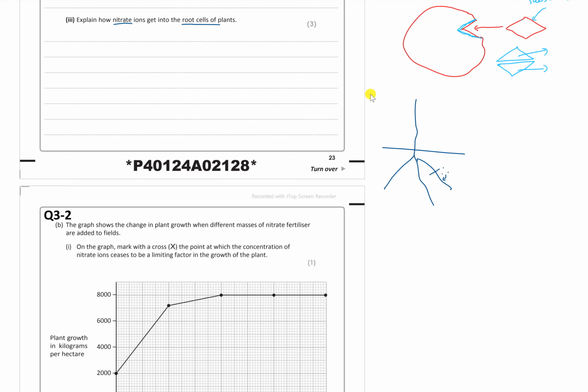So if we do a cross section there, there's a cross section of the root, and you've got a root hair cell. That's your root hair cell.